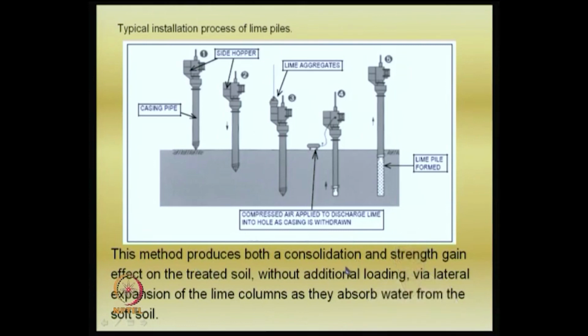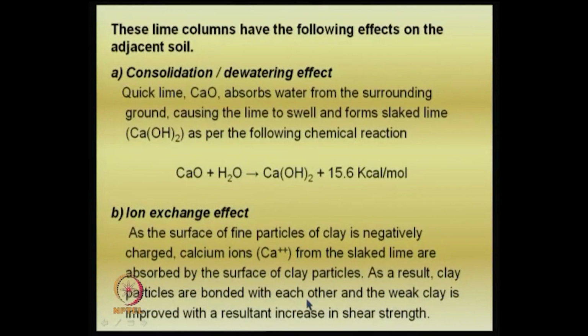The lime column produces a consolidation effect, like a pre-consolidation effect, in which water content is removed, and because of this there is a strength gain in the treated soil without additional loading. I have not done any additional loading to reduce the water content. I have just added lime, which has an equivalent effect, and why? Because it has even lateral expansion also. This is another important factor that we will see later.